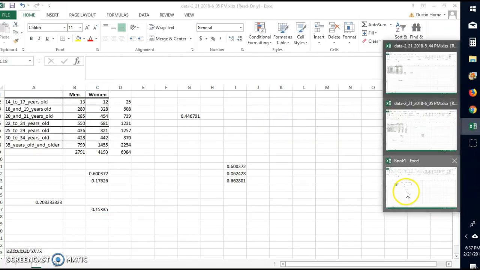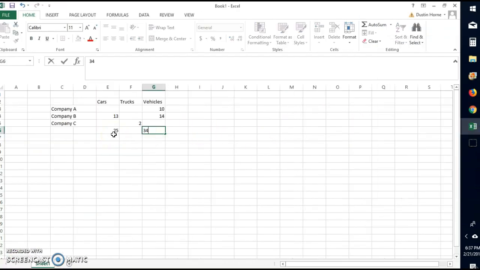So let me get on the right spreadsheet. This needs to total 34. So in order for this to total 34, this would have to be 10. Okay, and then here, company C, there's 10 total vehicles. 2 are trucks, so 8 have to be cars.